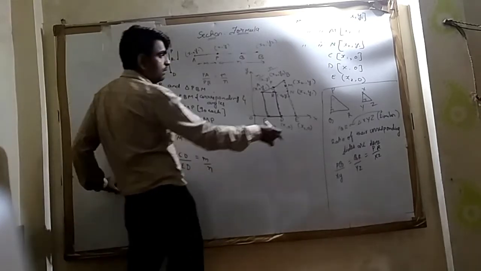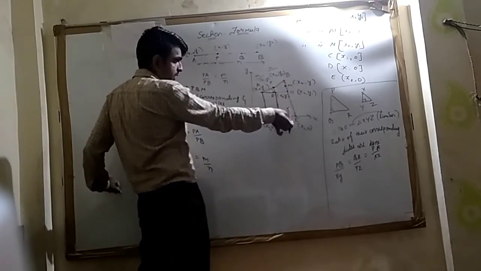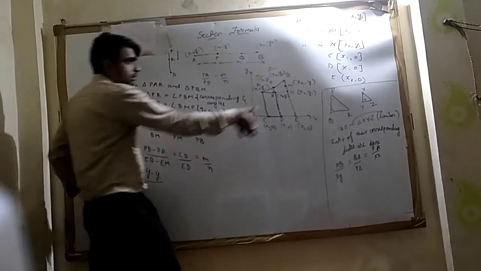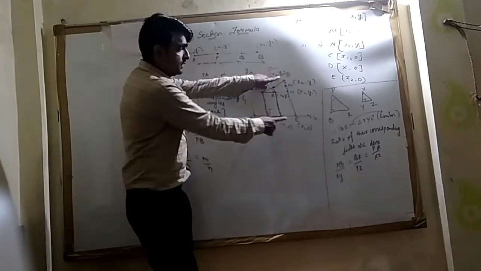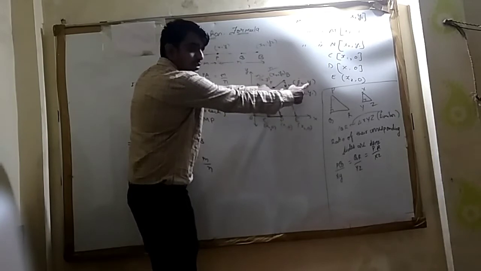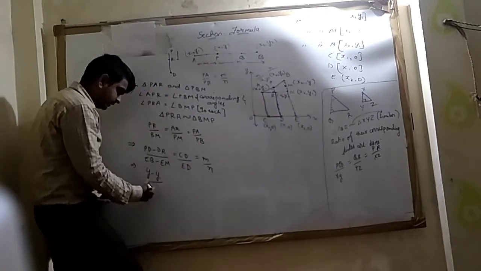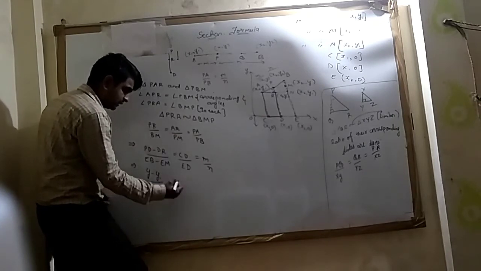Now this EB, this complete distance, is Y2, and EM, this distance, is Y. So I can write Y2 minus Y.